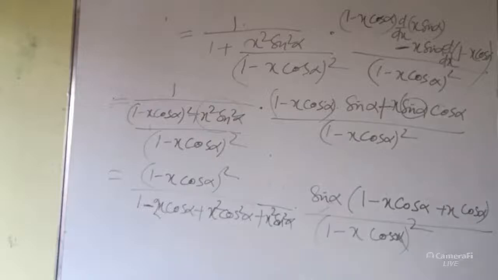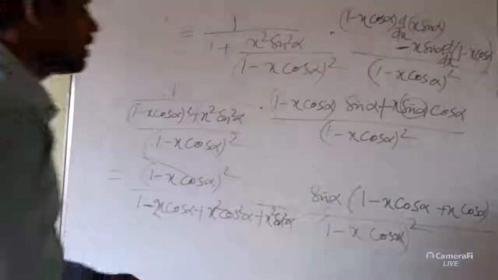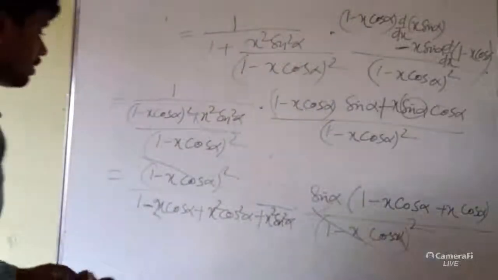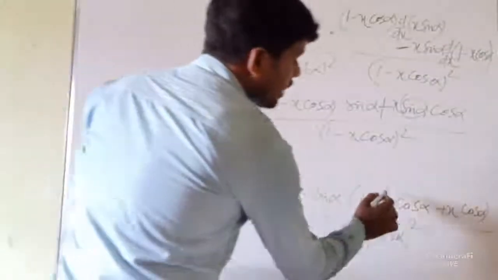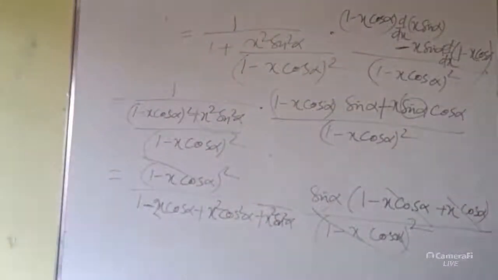Then the whole square of 1 minus x cos alpha is cancelled, and here minus x cos alpha and plus x cos alpha are cancelled.